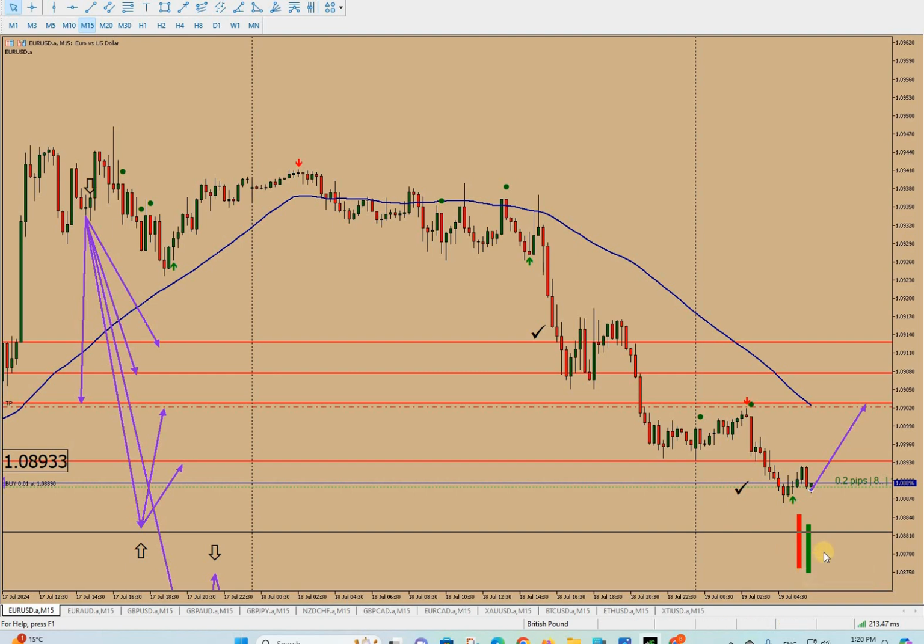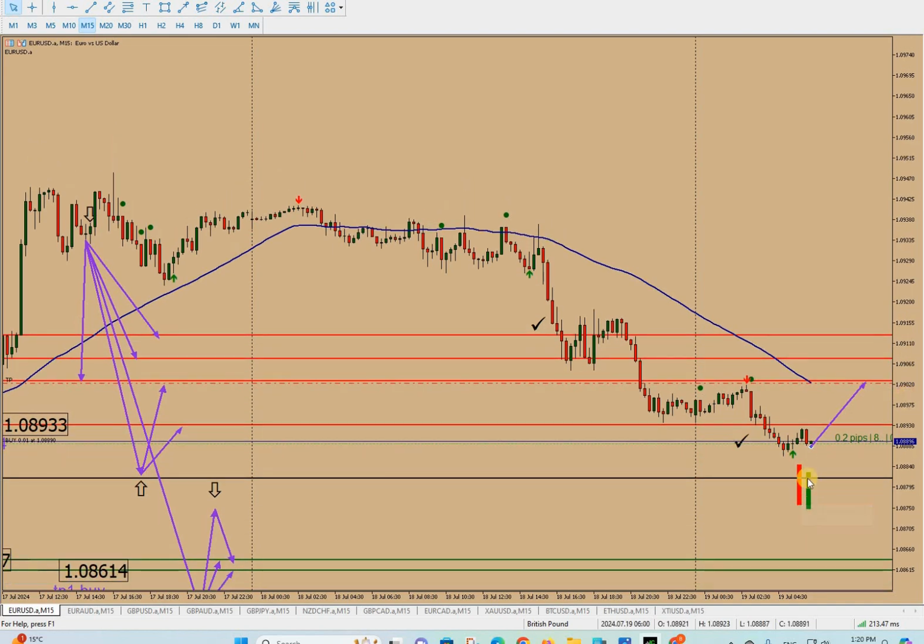If I'm greedy, I'll put another trade, a second entry for this level, not for this level, and then recover. If we are hit by the stop loss and this one is red, then I will wait for another arrow to appear here, and then I enter the trade to this level.